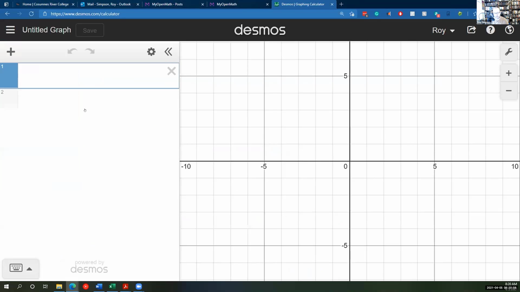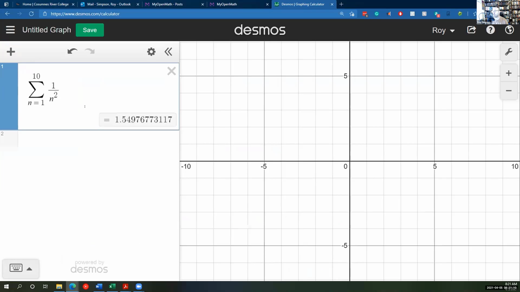So I'm just going to go to the graphing calculator and type the word SUM for sum. And then I'm going to go from 1 to 10 of 1 over n squared. That's it. So we could see the summation, I'm going to write this down on my writing tablet here, is roughly 1.5497.